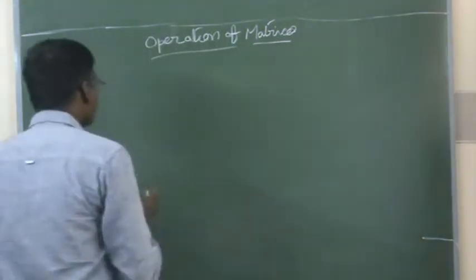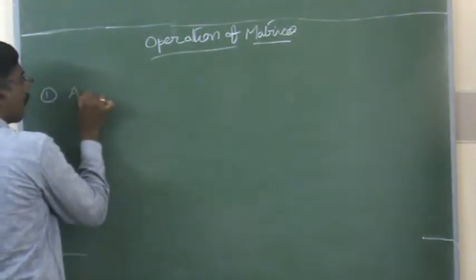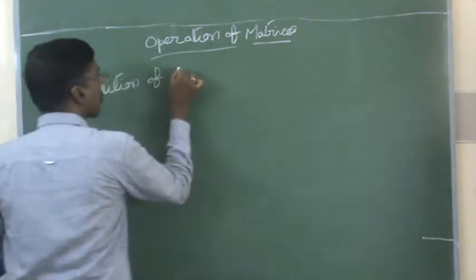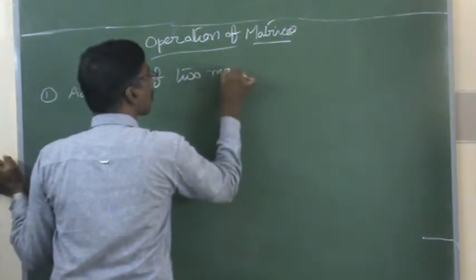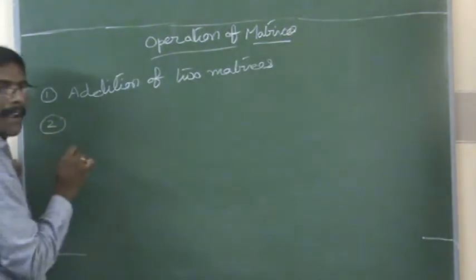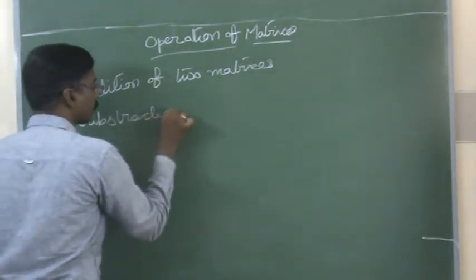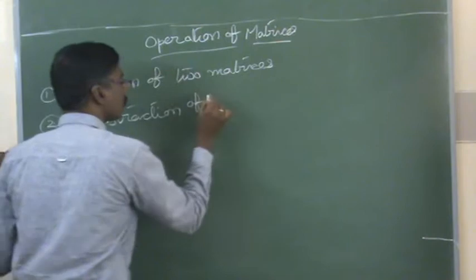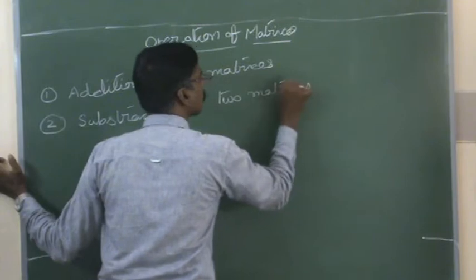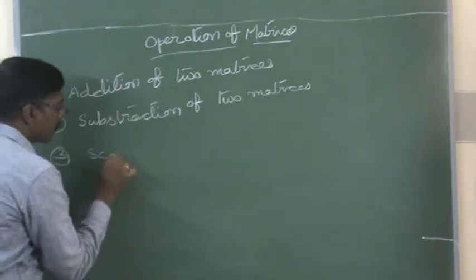So in operation of matrices, we have addition of two matrices, subtraction of two matrices, then third one, scalar multiplication of a matrix.